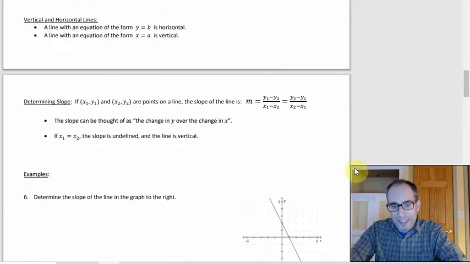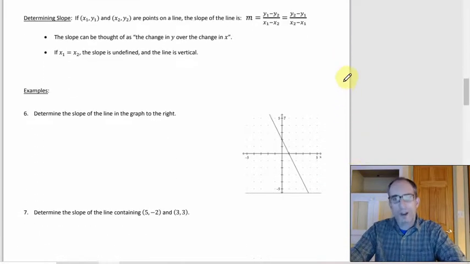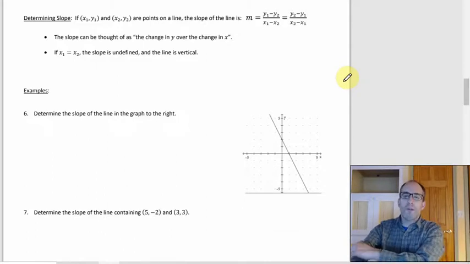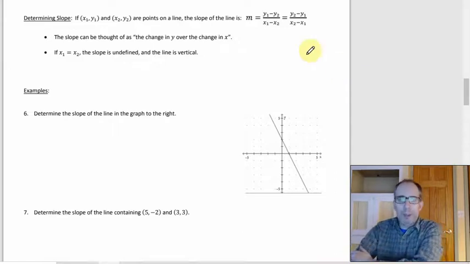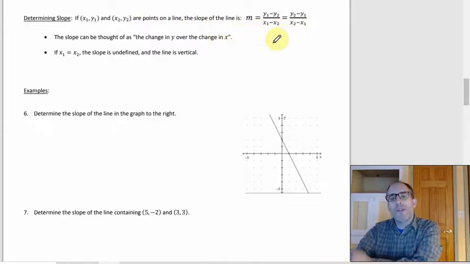All right, next thing is the slope. So you need 2 points on the line to figure out the slope. But that's all you need. So if x1, y1, and x2, y2 are points on the line, then you can do the slope a couple of different ways.